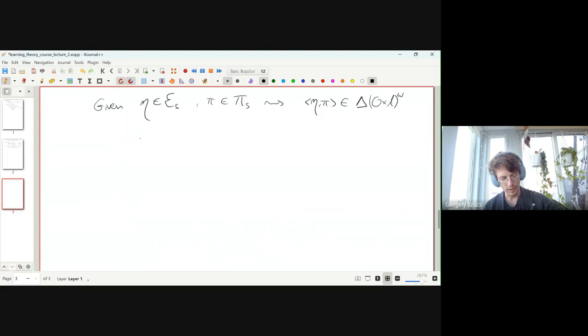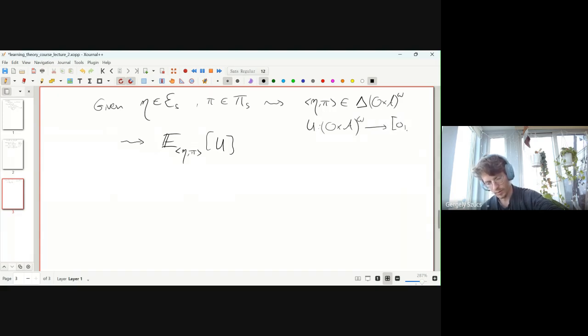Putting this together with the utility function, being a function on destinies, we can talk about the expected utility with respect to the distribution that is this interaction.